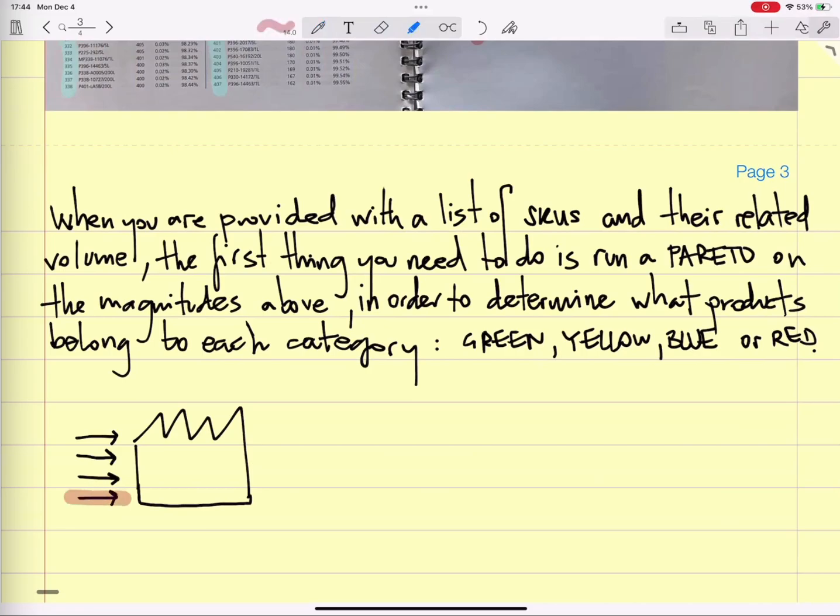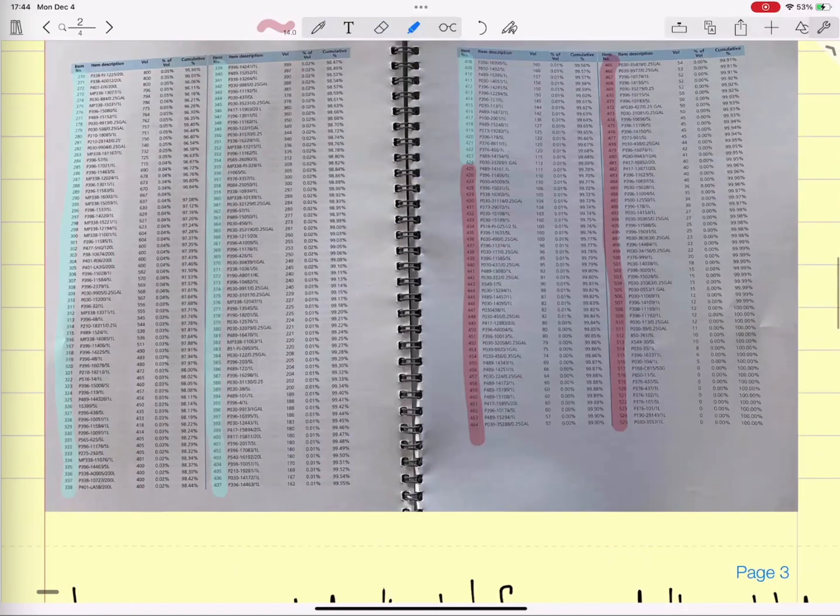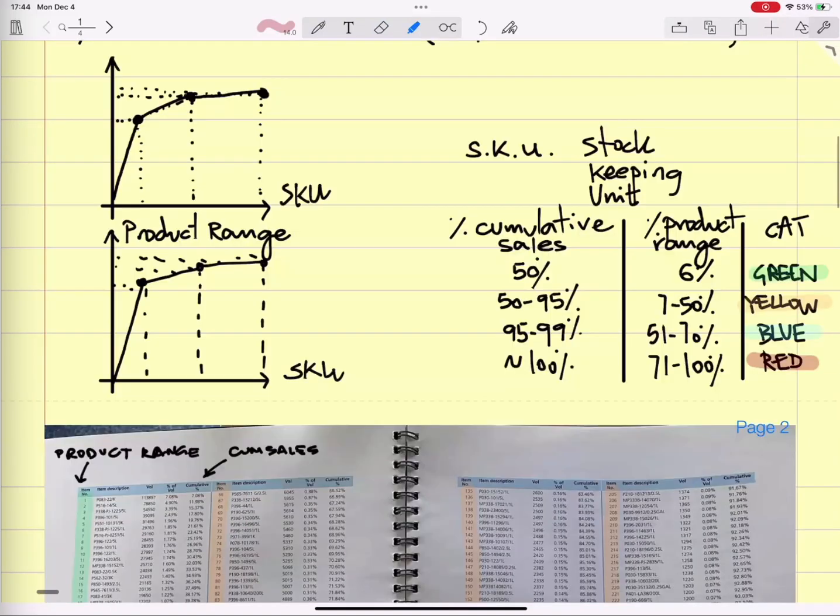The products that are red represent 30% of your product range, but only less than 1% of your sales. So you don't earn a lot of money with them.